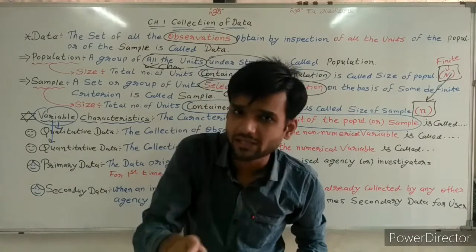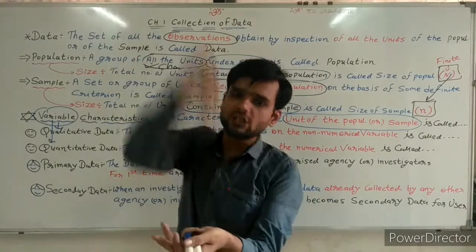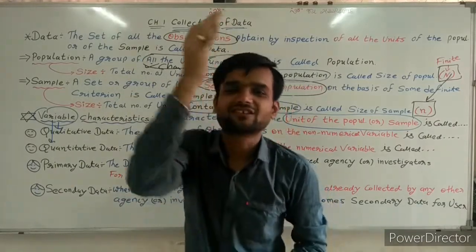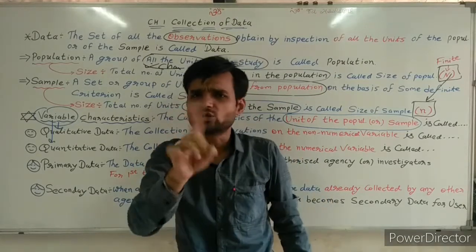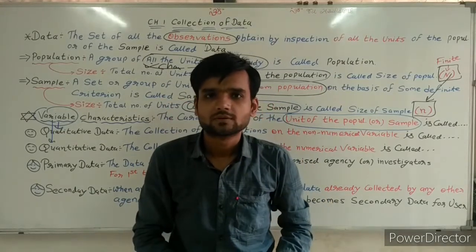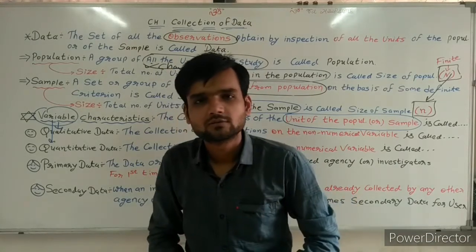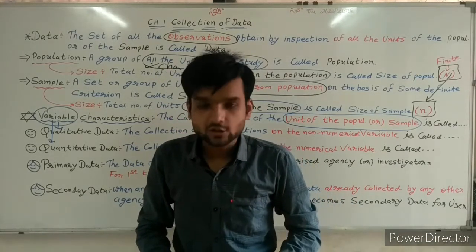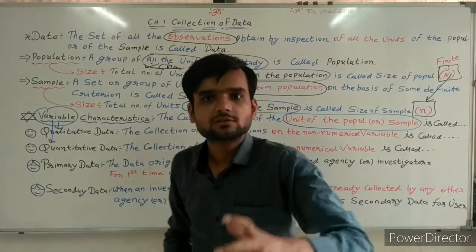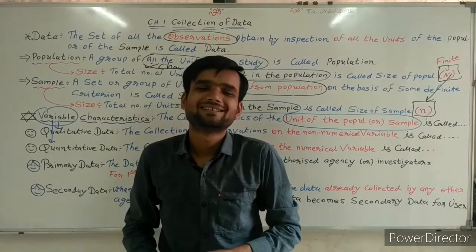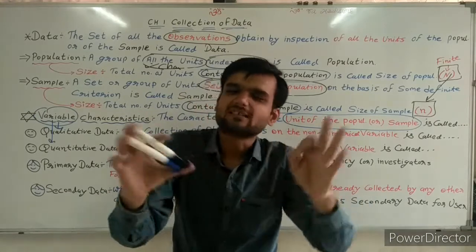And whenever we cannot measure, at that time we have to give, what we have to give? Rank. We can give rank. We cannot measure it. Suppose I slapped someone, then quality of that slapping. Sir, chordar.